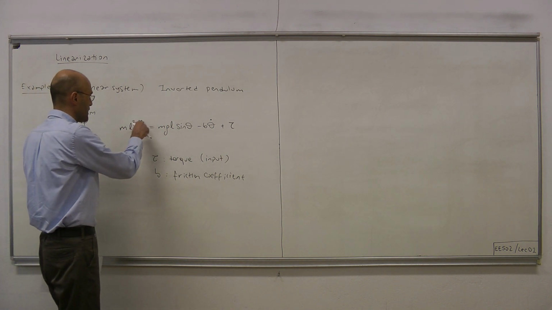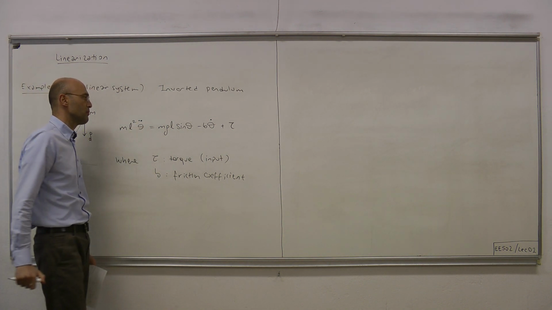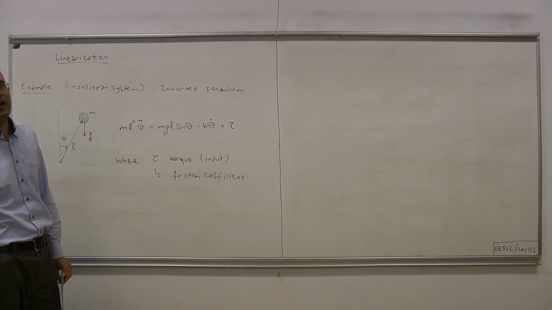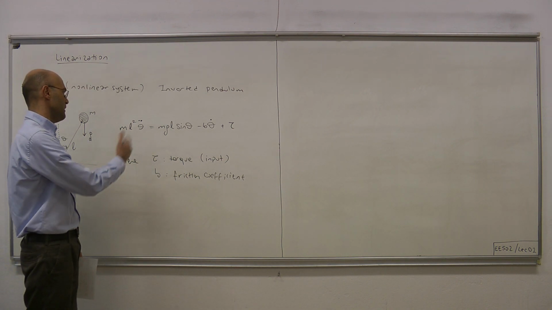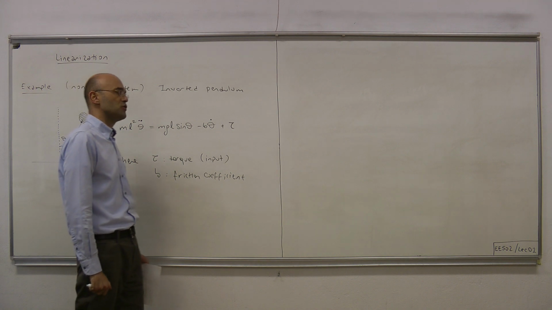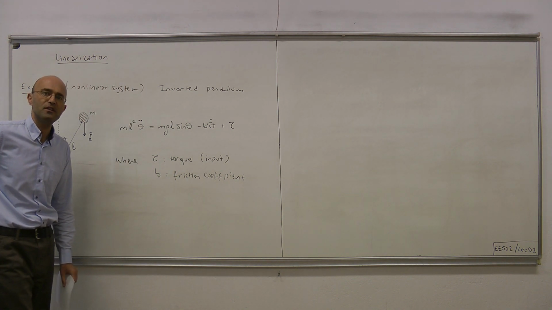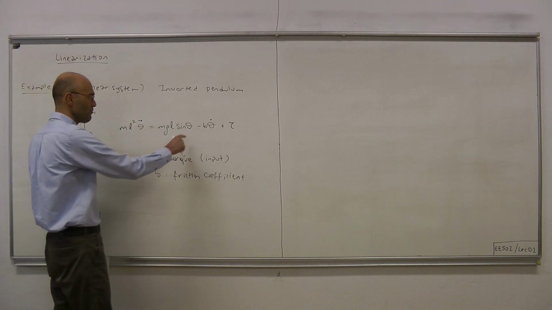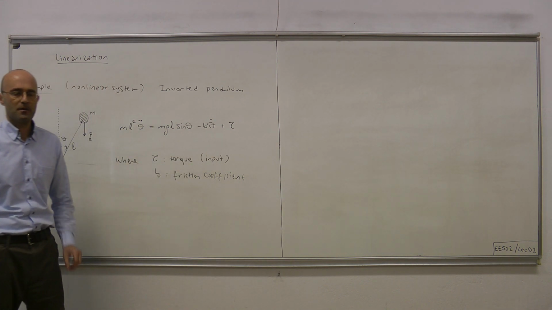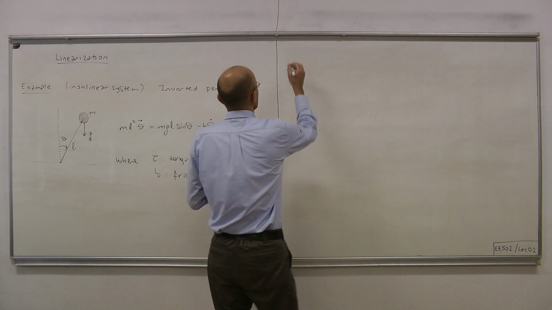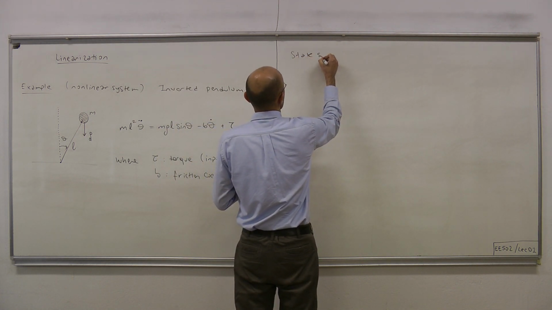This is a second order system because this is the highest order term that appears in our equation. So that means we have to choose two state variables, and together they make our state vector. For a physical system, it's usually best to go with the natural choice, namely position and velocity, or angle and angular velocity.